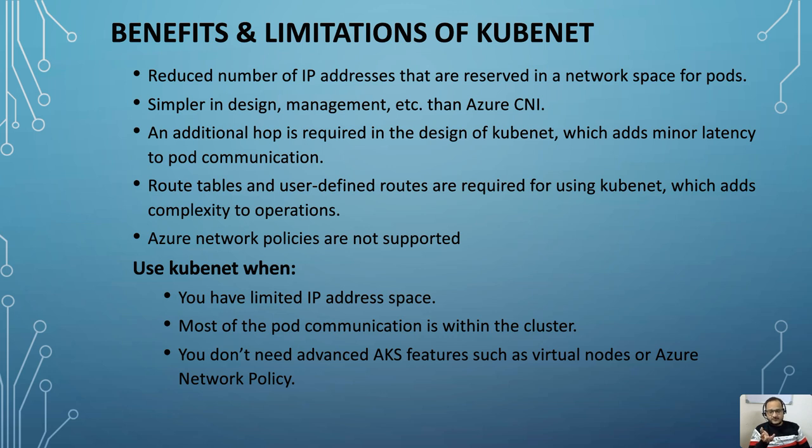The pod should not communicate with services outside. Then in that case you can use the Kubenet plugin. You don't need any advanced AKS feature such as virtual nodes or Azure network policies. In that case you can use Kubenet. It is not recommended to use Kubenet in your production environment, but if you have a simple, single application, in that case you can still use Kubenet.